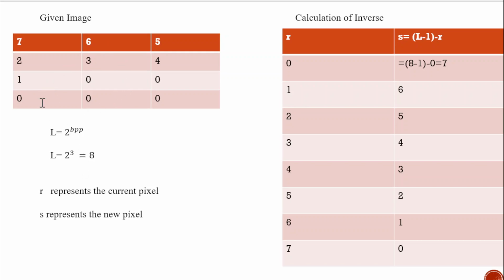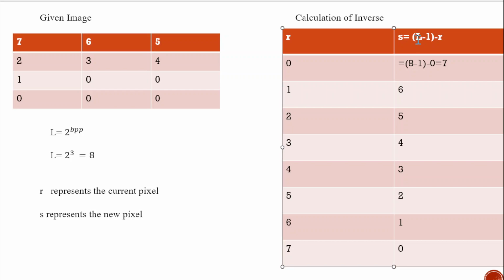So L is 8. Hence, we start making a table. These are the possible values for the current pixels, and we calculate the negative transform image by applying the formula S equals L minus 1 minus R.